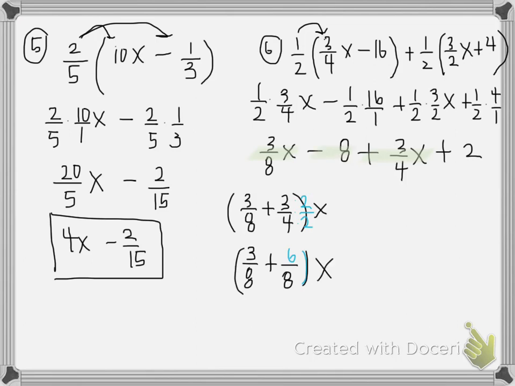And then over here, a negative 8 plus a 2 will be a negative 6. Okay, oops, I didn't mean to do the same color there when I was highlighting. Let's try again. Sorry. Okay, so 3/8 plus 6/8 will be 9/8. So my answer here will be 9/8 x minus 6.